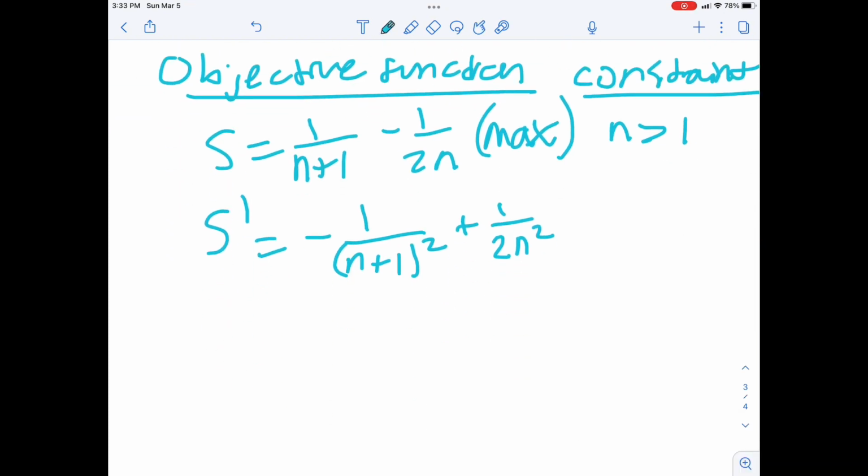In order to find when something is maximized, we have to set it equal to 0, when it's at like the top of the mountain. So what I'm trying to solve for is when 1 over 2n squared equals 1 over n plus 1 squared. I just rearranged my problem a bit.